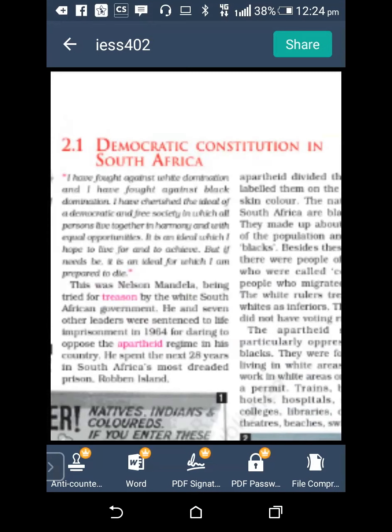I have cherished the ideal of a democratic and free society in which all persons live together in harmony and with equal opportunities. It is an ideal which I hope to live for and to achieve. But if needs be, it is an ideal for which I am prepared to die.